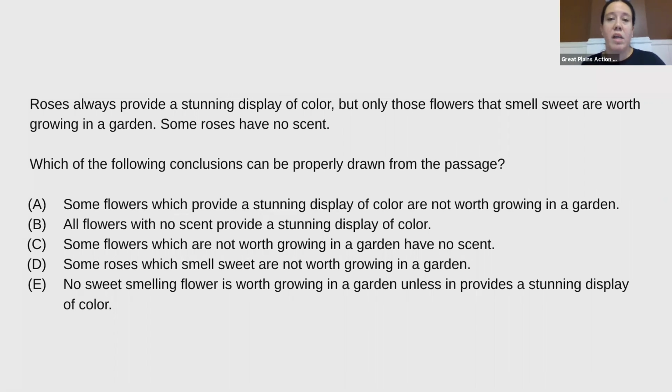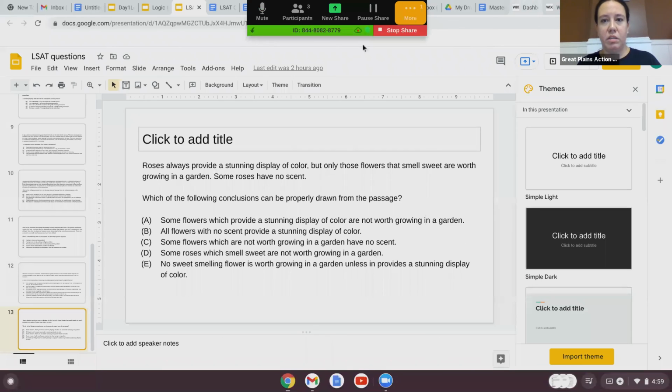I'll go over it tomorrow properly and draw things out in a more clear way, so I can show you how to use those Venn diagrams to answer those questions.